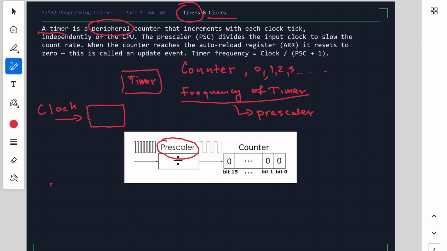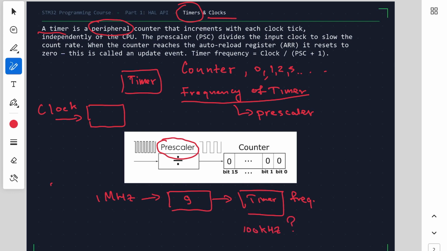What it does is divide the frequency. So if we have a 1 megahertz clock as an input to the timer, and if we have prescaler equal to 9, the timer frequency will be 100 kilohertz.